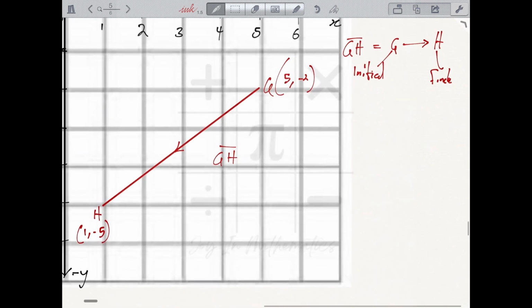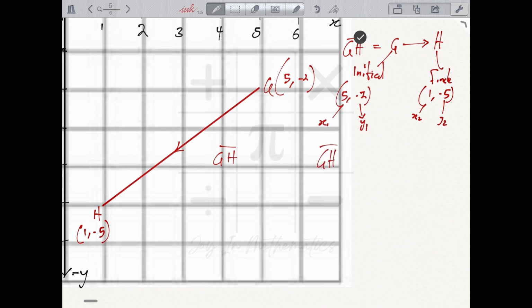The initial has a coordinate of 5, minus 2. The final has a coordinate of 1, minus 5. So we can call these x1, y1, x2, y2. Therefore, the vector GH is x2 minus x1, y2 minus y1. X2 is 1 minus x1, which is 5.